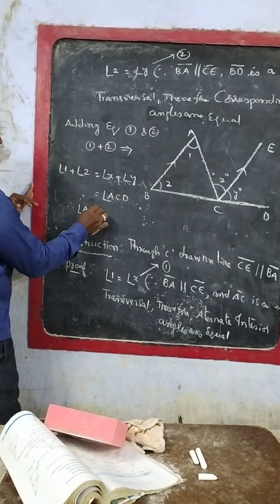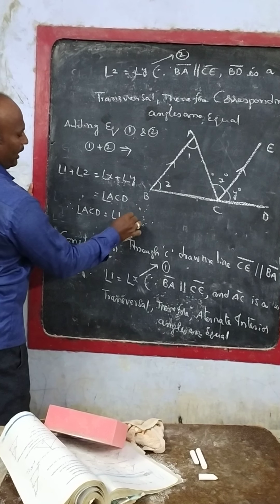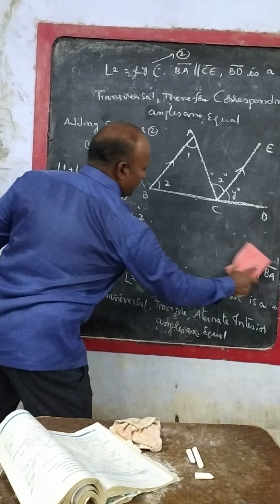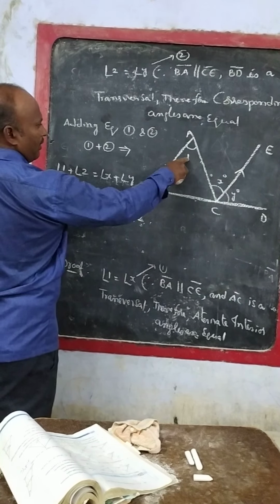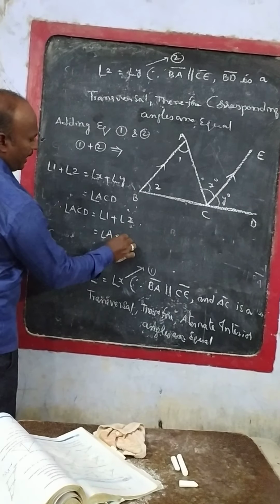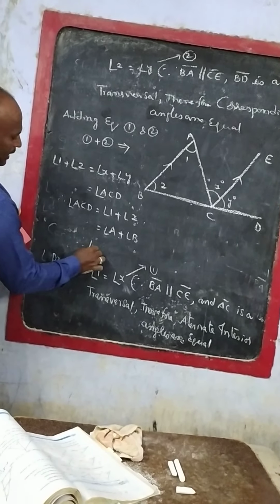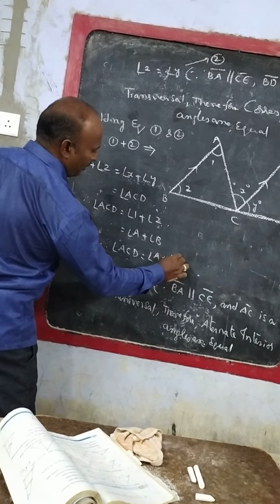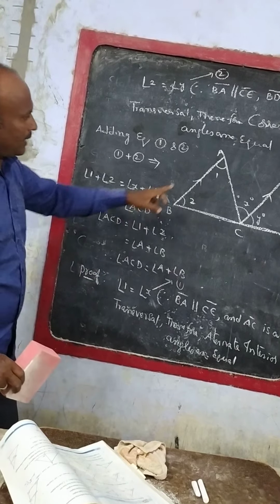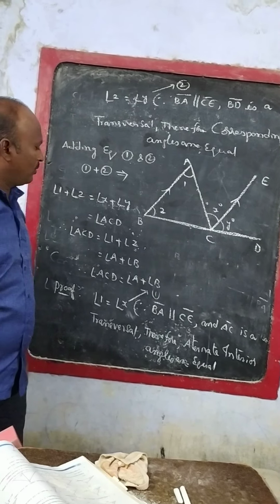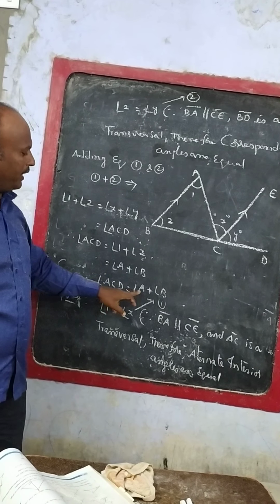Therefore, angle ACD is equal to angle 1 plus angle 2. From the diagram, angle 1 means angle A, angle 2 means angle B. So angle ACD is equal to angle A plus angle B. The exterior angle of a triangle is equal to the sum of its opposite interior angles.